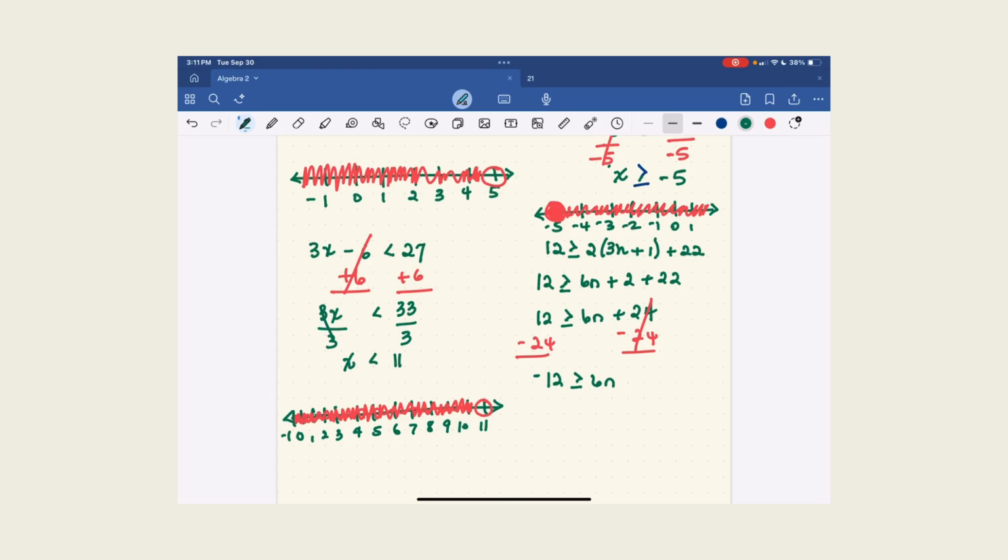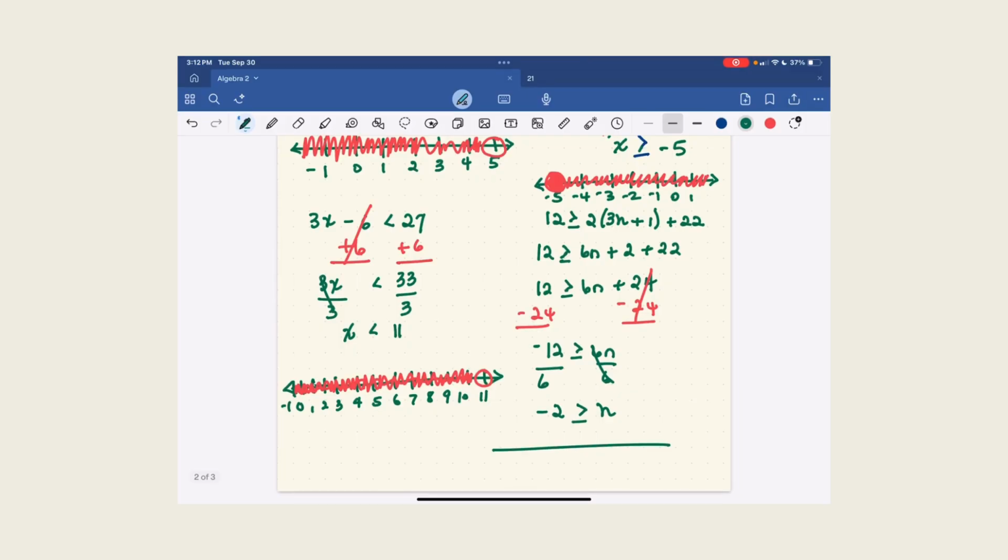We'll divide each side by positive 6. And we have negative 2 is greater than or equal to n.